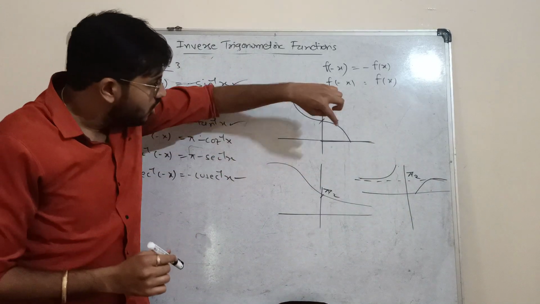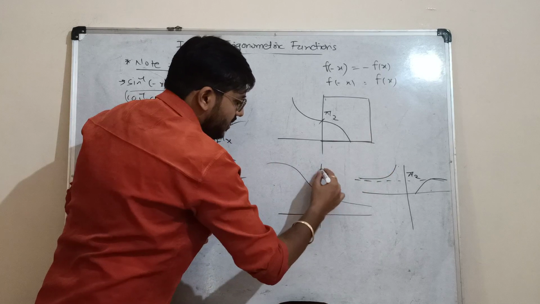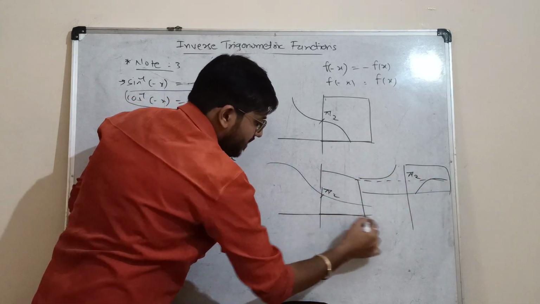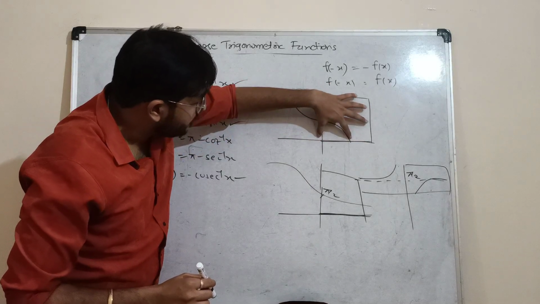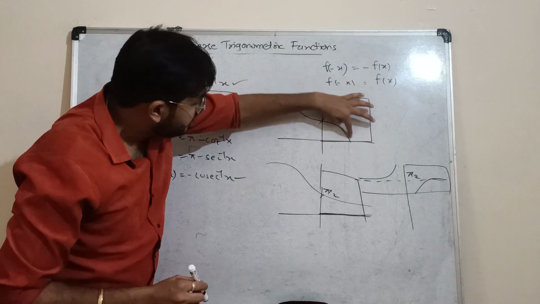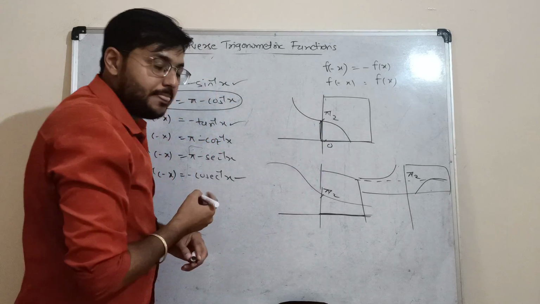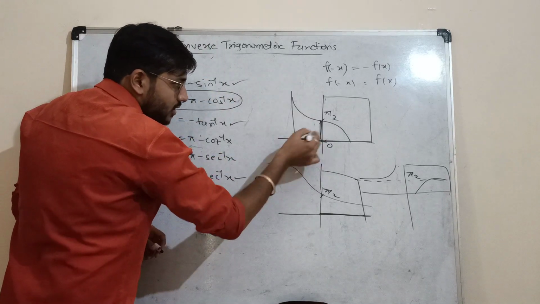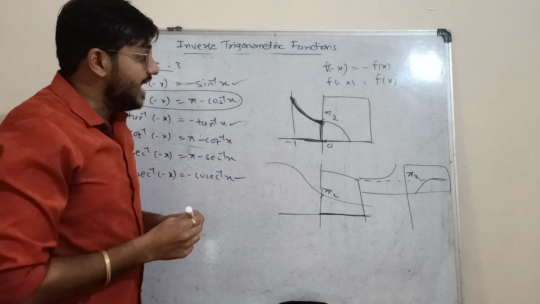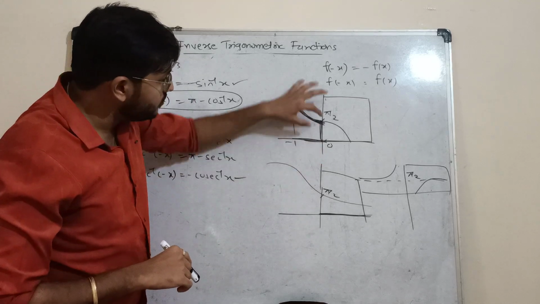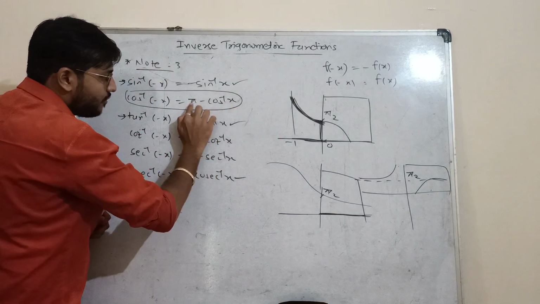If you observe, all these three graphs have a positive answer for positive values of x. Just check the graph. In between 0 to 1, when I put all the positive values, the graph is in the first quadrant only, right? The answer of the graph is in between 0 to pi by 2 only. But whenever I put negative values, the graph will be in the region pi by 2 to pi, right? So therefore, to convert negative values into the range 0 to pi, we have to subtract the positive value from pi.